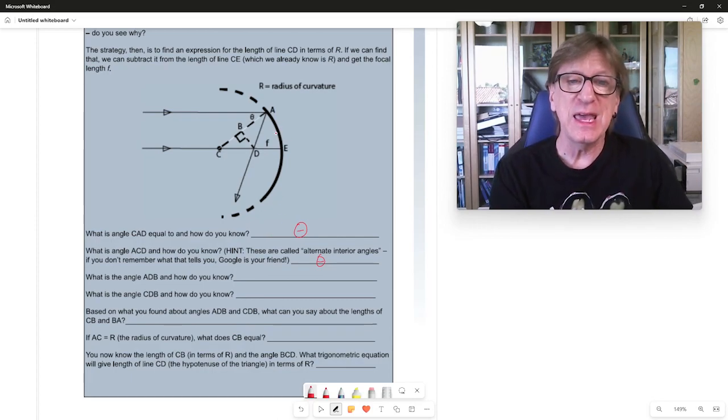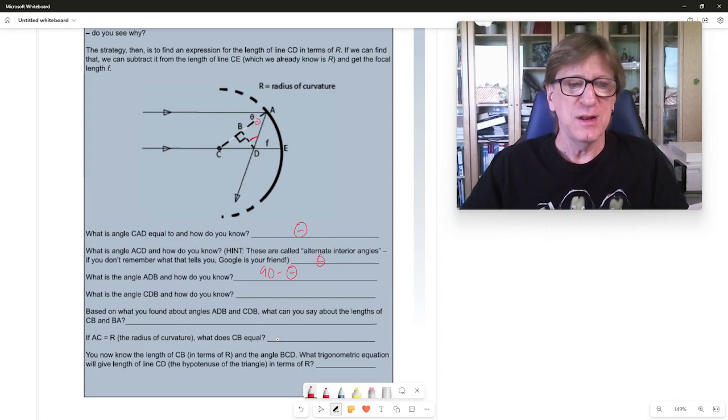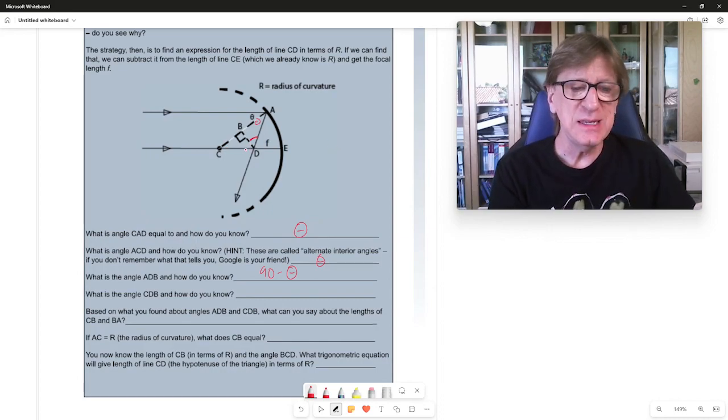What is the angle ADB? Well, that's this angle. This might be a little trickier, but it's still geometry. So we know this angle is theta, right? Well, if it's a right triangle, then this must be 90 minus theta. You can see that? All right, so now it wants to know what is CDB.